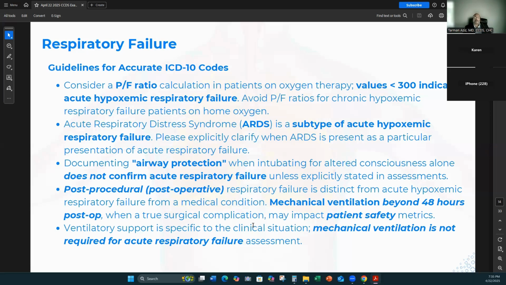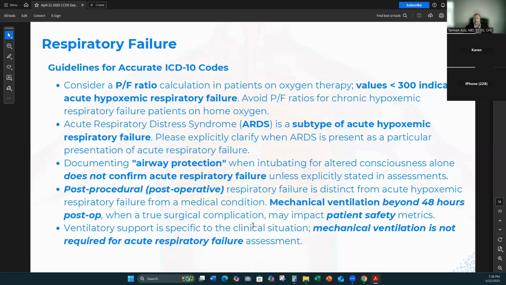But again, providers don't always give us the best documentation, whether it's because they don't know what to write or they prefer not to implicate their procedure and have it associated with the experience of acute respiratory failure subsequently. Doesn't much matter what the speculation is on why. The goal is to get the right documentation in place.